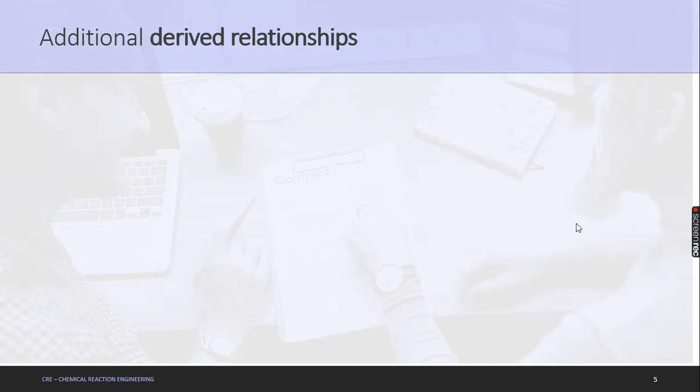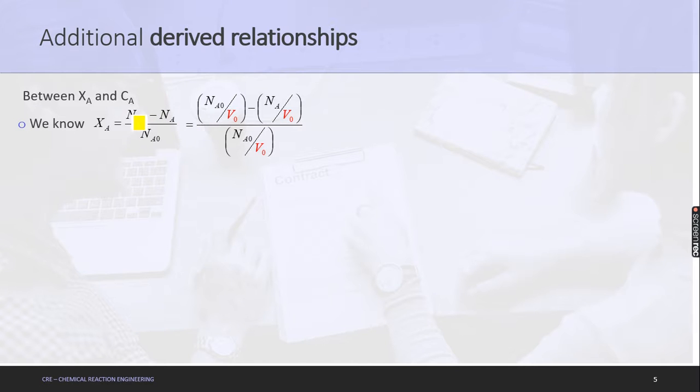We need to have some other derived relationships as well in this class. First one is, what is the relationship between XA and CA? Of course, depending on the scenario the picture can change, but basically we know that XA equals the fraction converted, that is, initial NA0 minus NA, divided by initial NA0, which we have already shown.